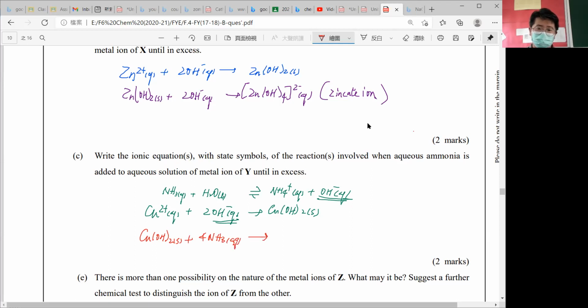What will be formed? Or somebody would merge those two. It's also possible.